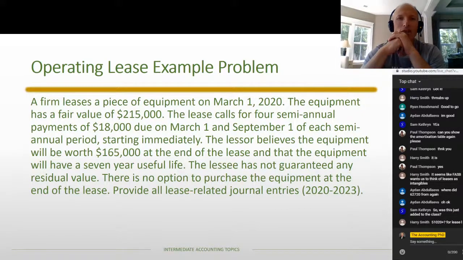Anytime you see that kind of situation, it's a strong indication that it's going to be an operating lease. So just be aware of that. If there's a large residual value that is not guaranteed, it is very likely going to be an operating lease. No option to purchase, and all those things. All right, so let's provide all lease-related journal entries for 2020 through 2023.